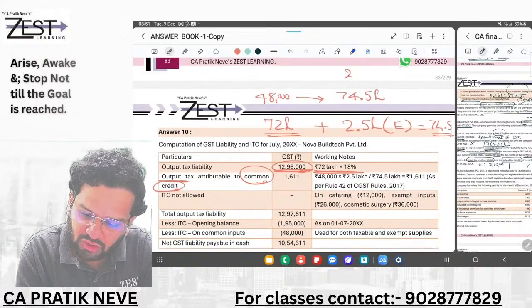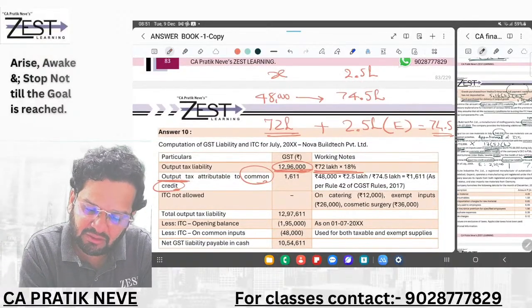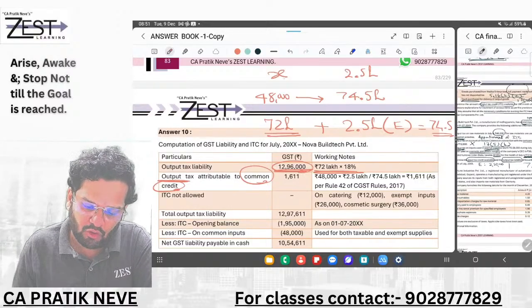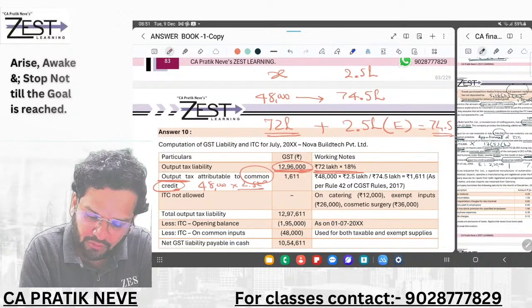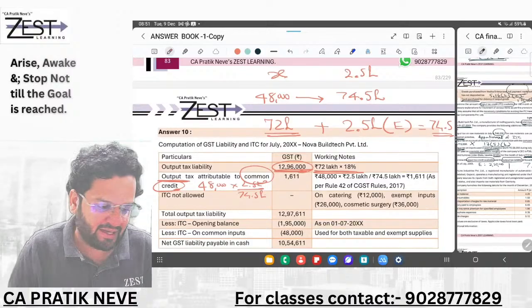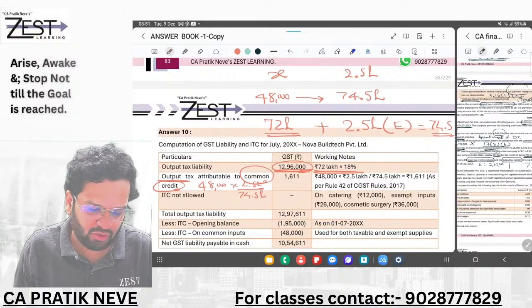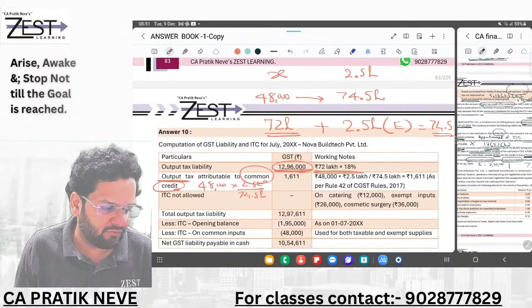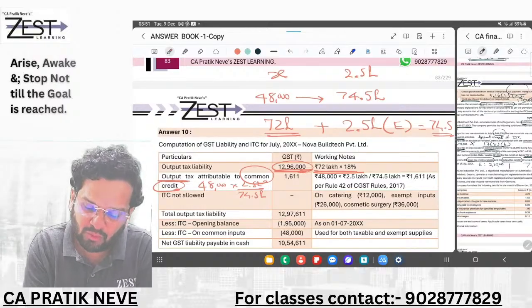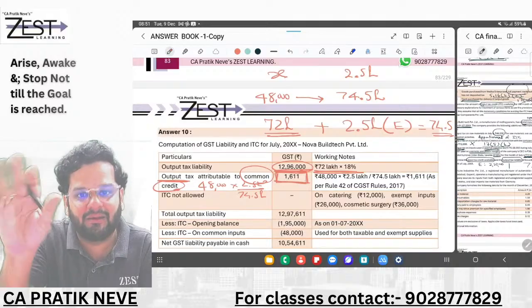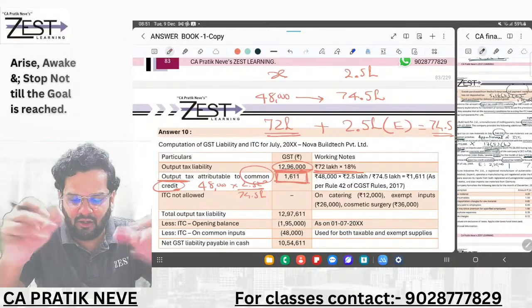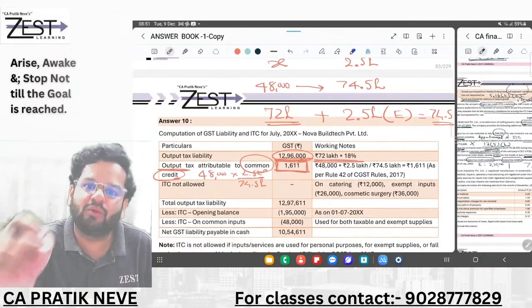So for 2.5 lakh, which is exempt, it will be how much? 48,000 into 2.5 lakhs upon 74.5 lakhs. We are getting 1611. So friends, you will make this 1611 payable. So give back government credit of 1611.